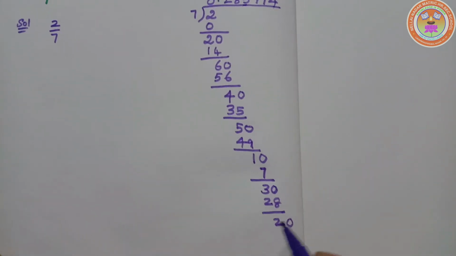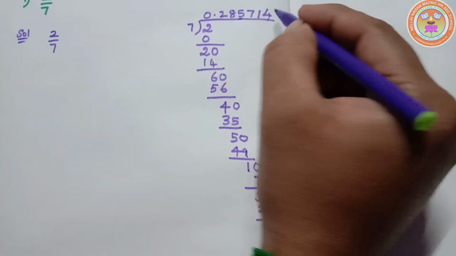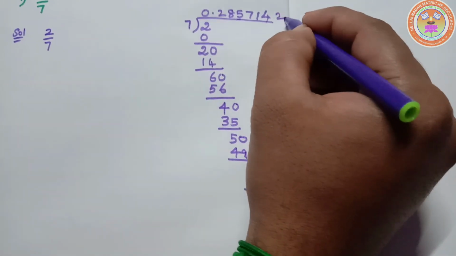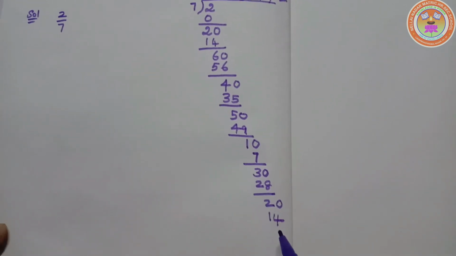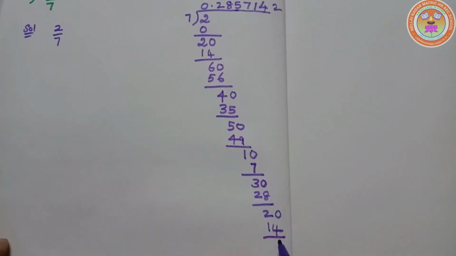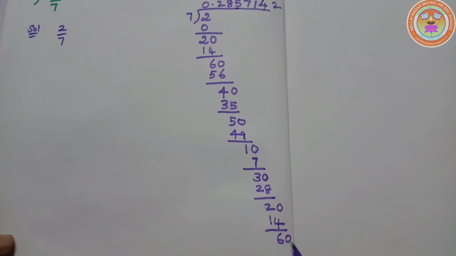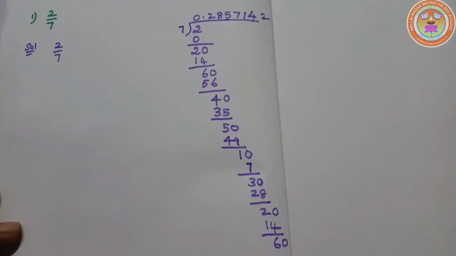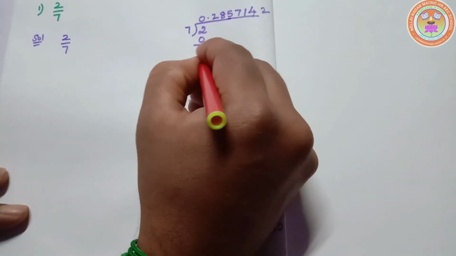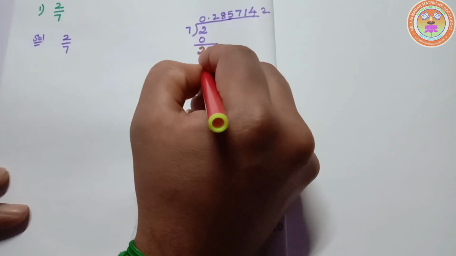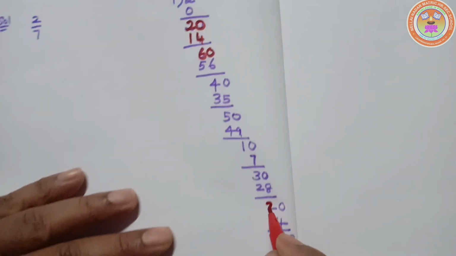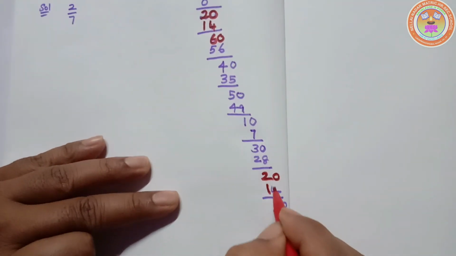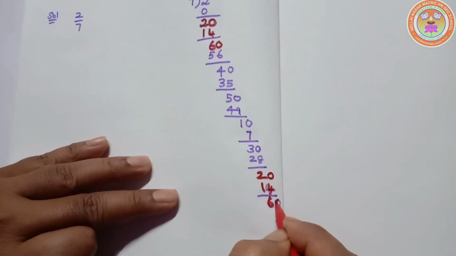Again 7 how many times? 7 twos are 14. Right children? Now see, balance 6. Again you take 0. See children, here 2, 0, 1, 4, again 6, 0 is coming. So again it's repeating 2, 0, 1, 4, 6, 0.